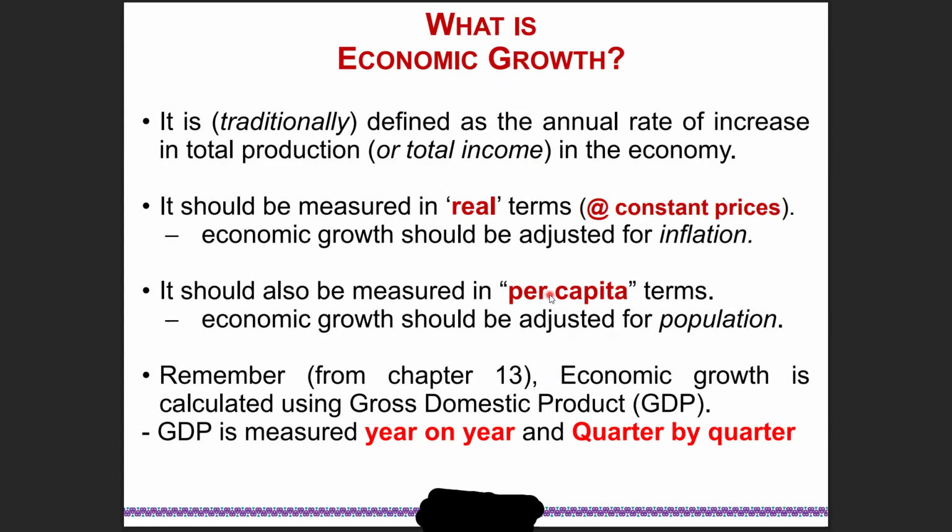Okay, we see that there's been an improvement in the production, an increase in the production, which is essentially economic growth. So now, how has that affected the population, right? Then we have to measure using per capita figures, where we say real GDP divided by the population times 100 to tell us more about the standard of living of the population, right? Hope you guys are getting that.